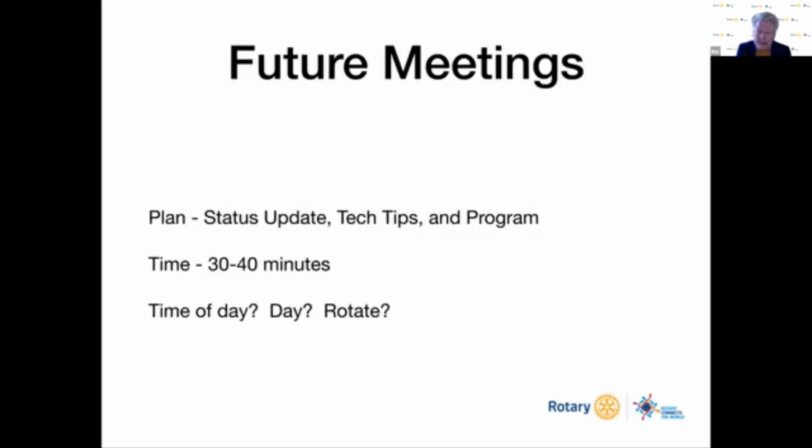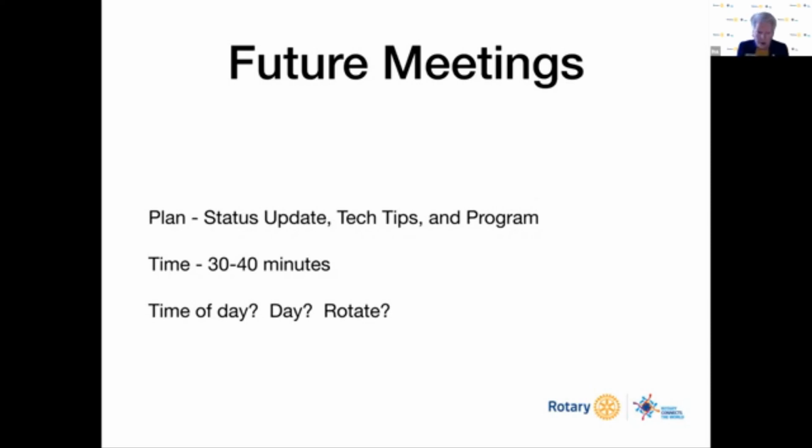So future meetings, I was kind of planning to do this weekly with a much shorter status update, a few tech tips for Zoom, and then a program. Since we canceled the district program, almost all the speakers that we've contacted are willing to present via Zoom to us as a district.